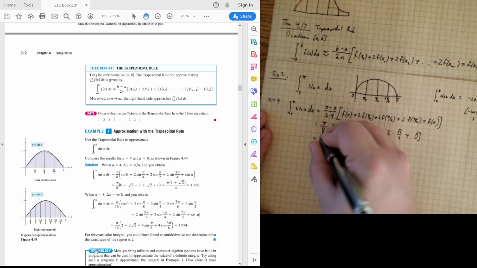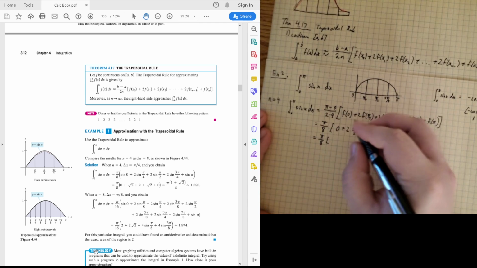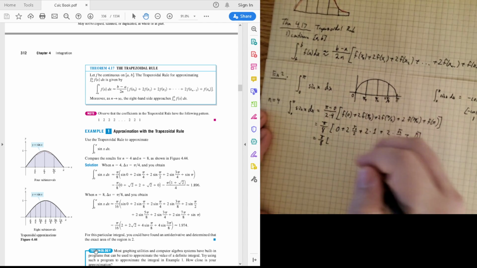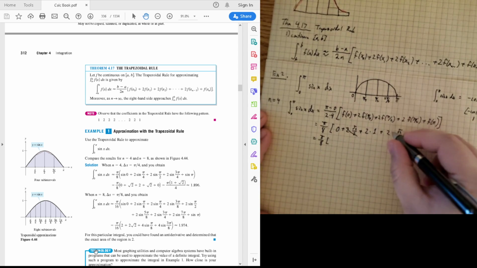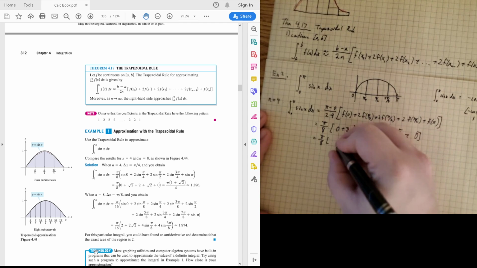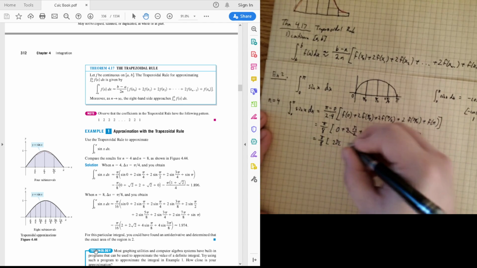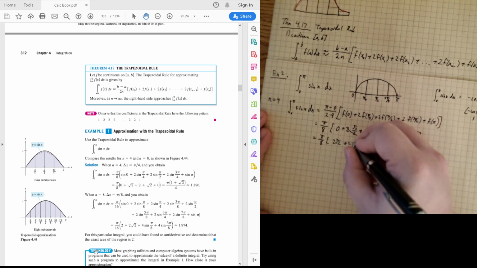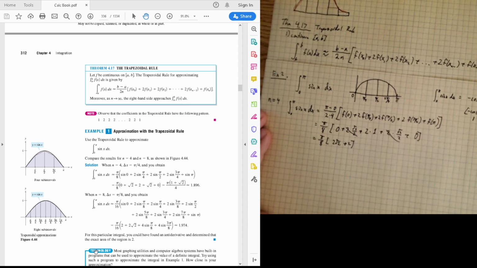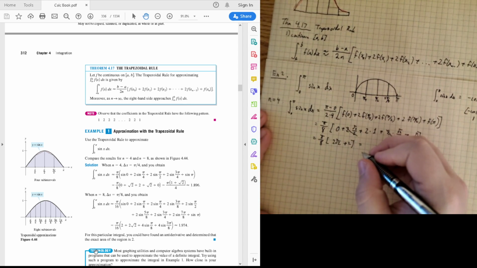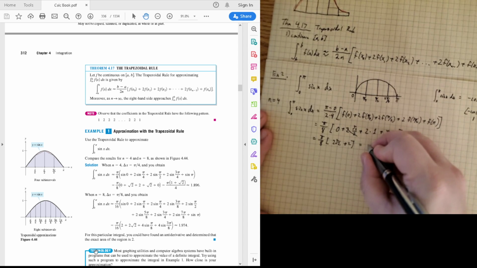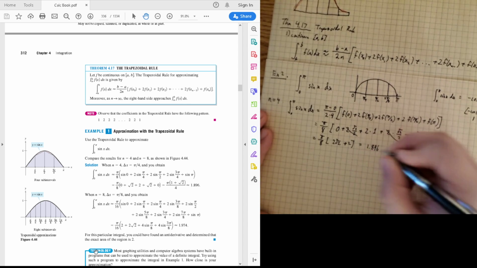So we have pi over 8 times, the zeros are going to go away, and the 2's and square root of 2's are going to cancel on the bottoms. So we end up with 2 square root 2 plus 2. It's a little strange, but okay. If we plug this into a calculator, we get an answer of 1.896.